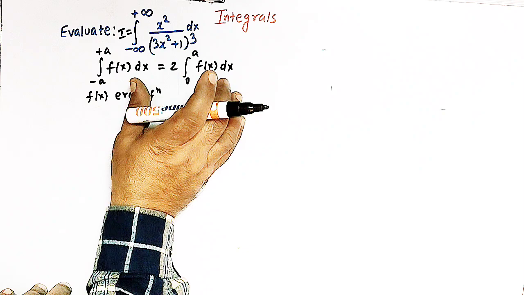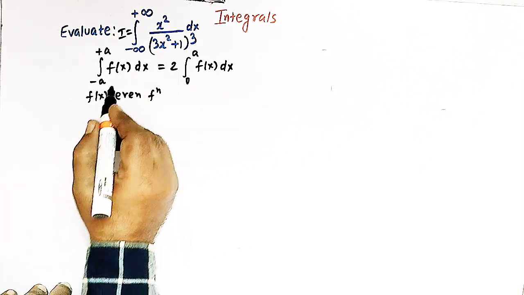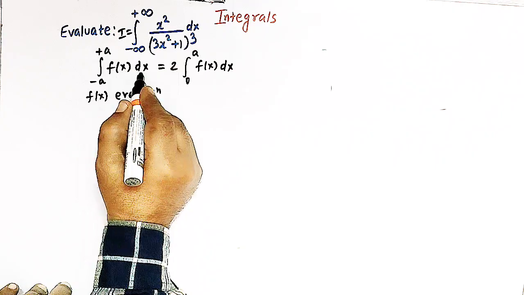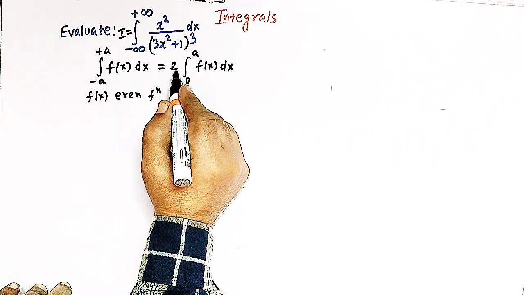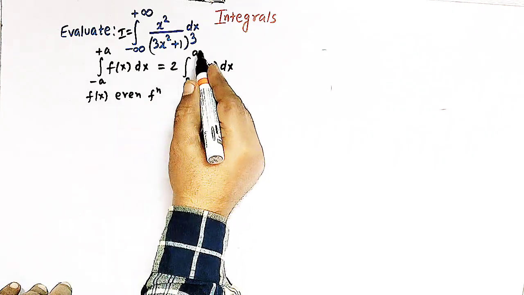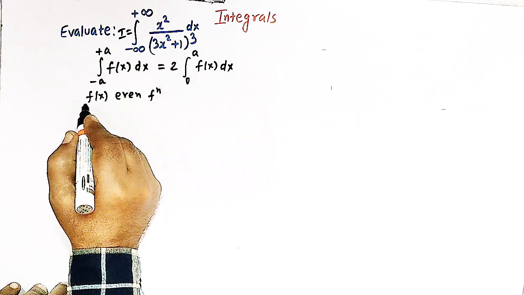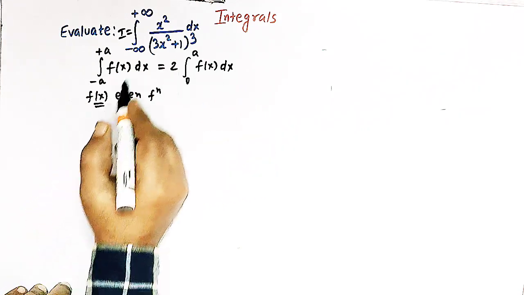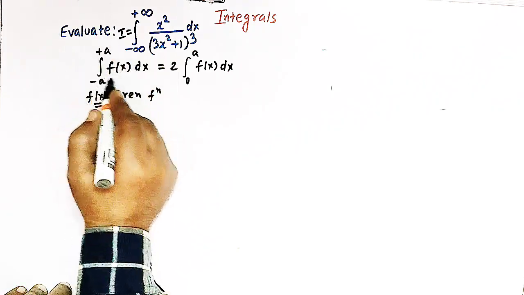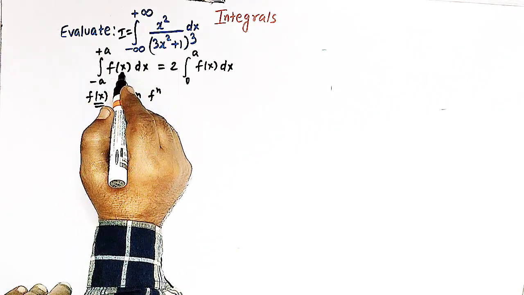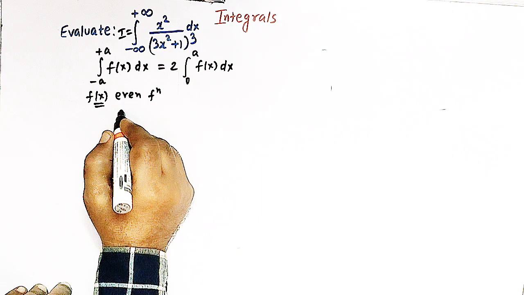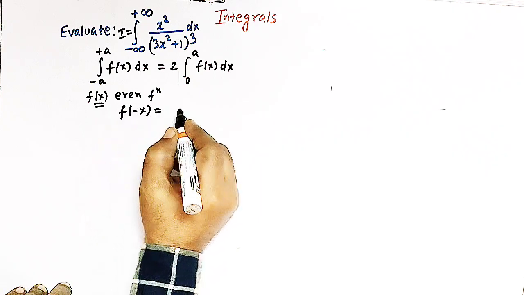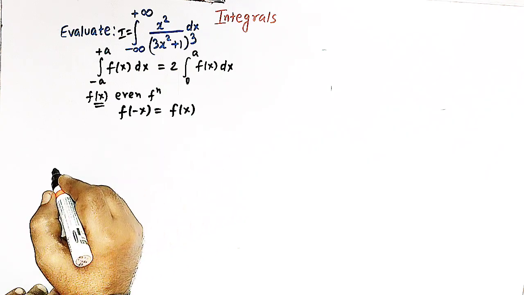So this is an important property of definite integrals, where the integral from minus a to a f of x dx is equal to 2 times the integral from 0 to a f of x dx, provided f of x is an even function, right? And in case of an odd function, this integral reduces to 0, right? So an even function is defined as f of minus x is equal to f of x, right?